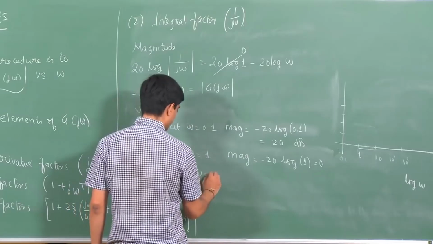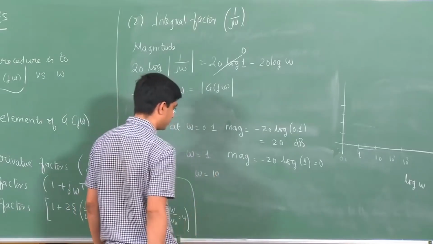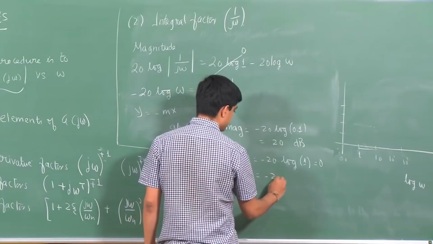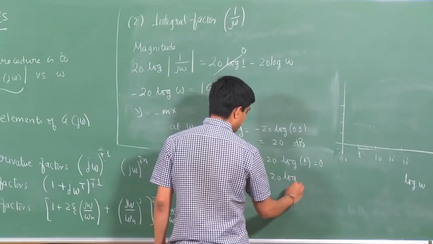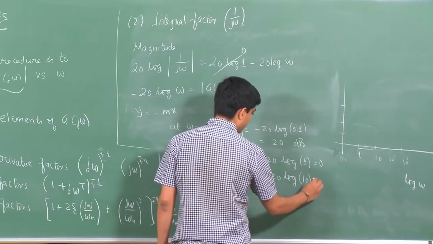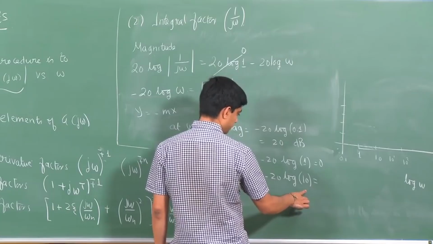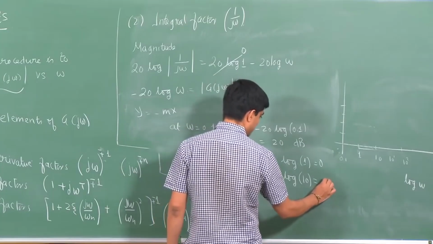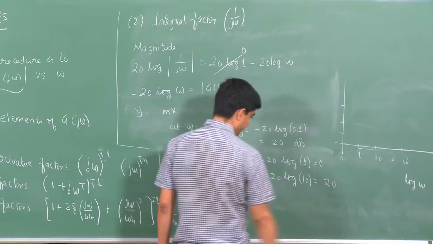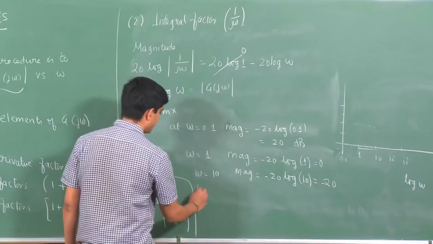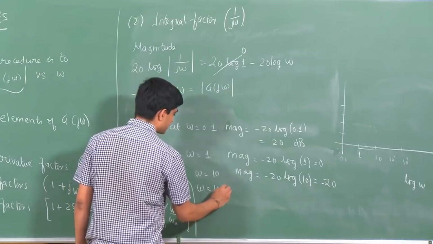At omega equal to 10, the magnitude is minus 20 log of 10, sorry, minus 20. And similarly, you could do for omega equal to 100 and so on.